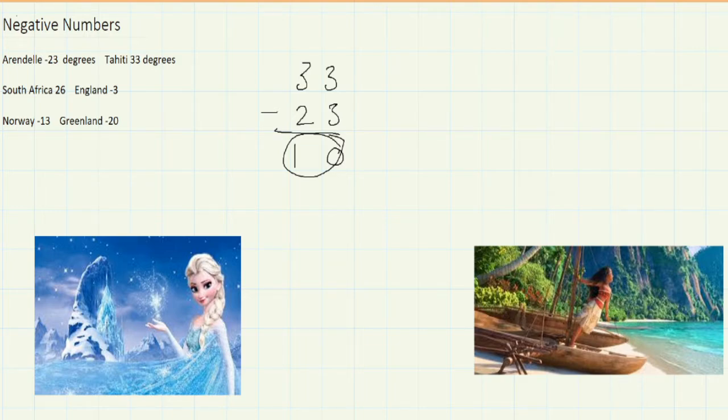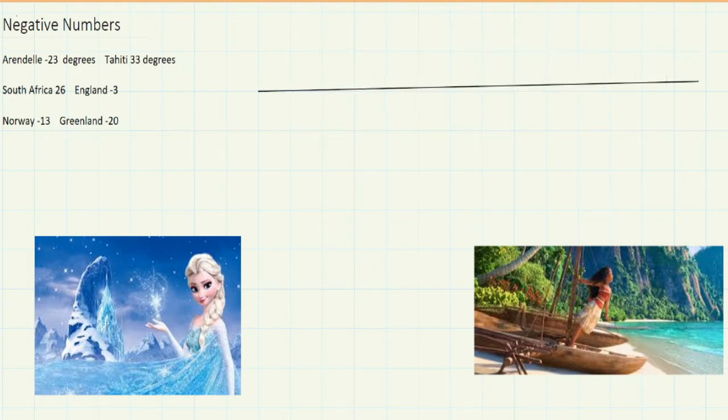Well, let's have a look more carefully at how this possibly could be the case, utilizing a number line. So instead of just trying to work it out using any form of compact method, I'm actually going to use a number line to ensure that I understand fully what's actually going on here. Because you can't use standard written methods on negative numbers. You need a number line, don't you? I'm going to have the higher number on the right-hand side.